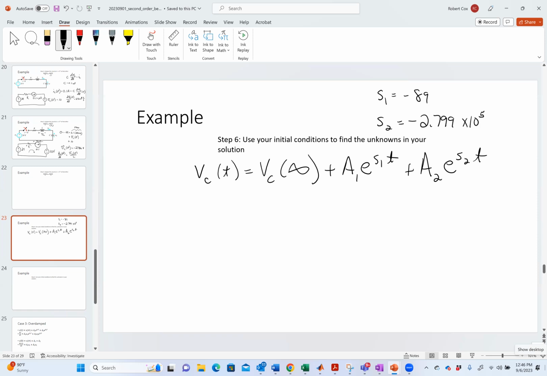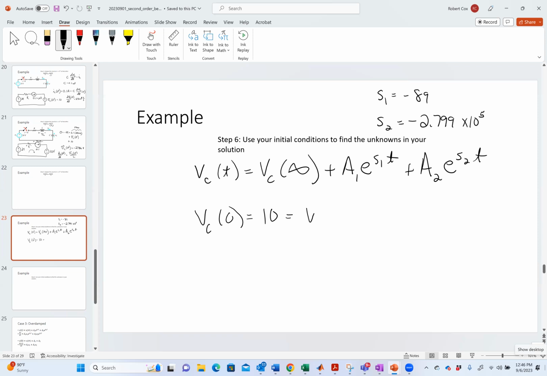Now to get the initial condition, I know V sub C of 0 is equal to 10 volts. What's that equal to in terms of this guy right here? If I want to solve for A1 and A2, I can plug in t equal to 0 into that whole thing.